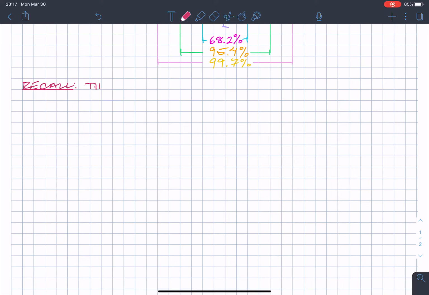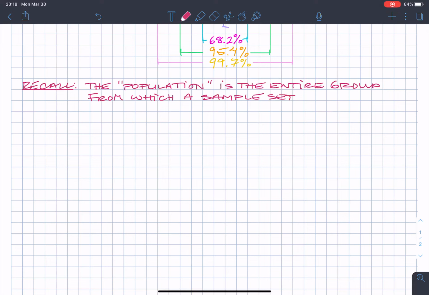So recall the population is the entire group from which a sample set of data may be collected and to which the conclusions are applied. I'll just state that aloud.